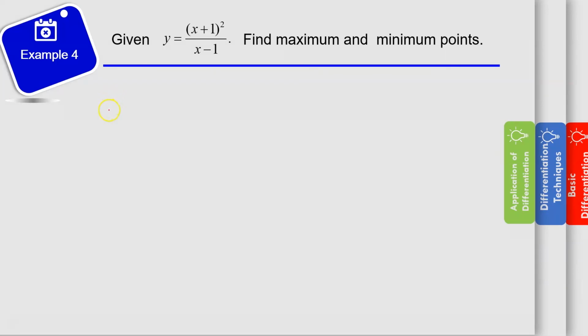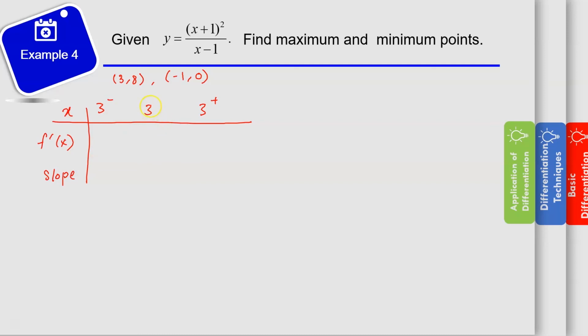Next, we need to use a table to check which one is the maximum and which is the minimum point. We know from the previous solution that the stationary points are (3, 8) and also (negative 1, 0). For the first turning point, we check x at 3, the negative side of 3, and the positive side of 3, and then f prime x, which is also the slope. At 3, we know it is 0, so the slope is just a straight line.